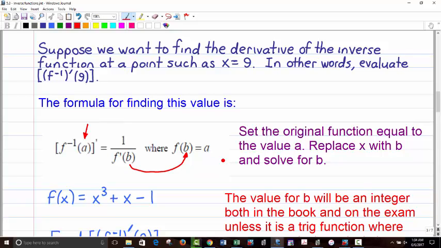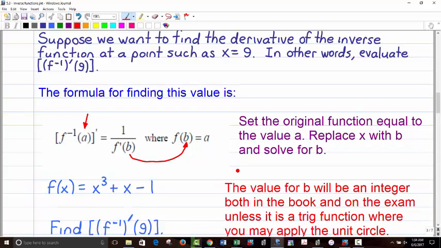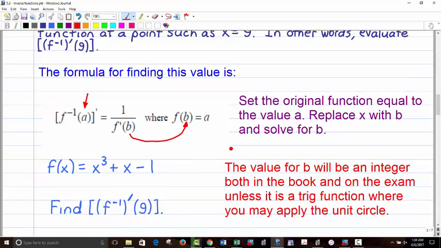Now, you might think, could this end up being a complicated equation? Well, yes and no. It could be complicated, but for every problem we do, whether it's on an exam, a quiz, or in my notes here, I'm going to make sure that b is some sort of integer value. That means you can sort of get it by trial and error.